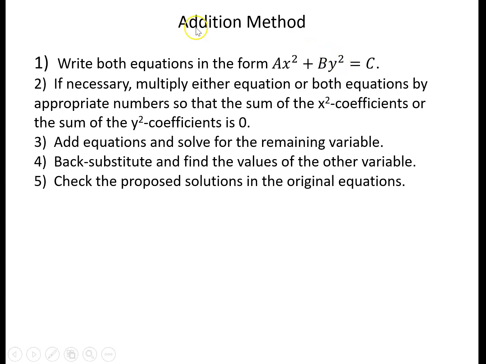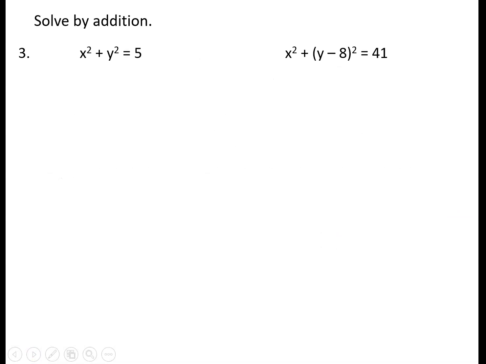So let's read step 2 and then we'll go to our first addition example. Step 2, if necessary, multiply either equation or both equations by appropriate numbers so that the sum of the x squared or the sum of the y squared coefficients is 0. So it's still the same concept as it was in 5.1. So here's our first addition example.